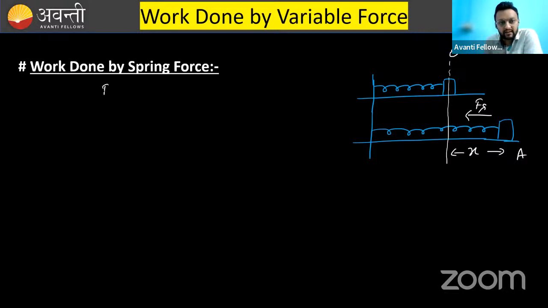Fs equals Kx now. Kx means it depends on x. As long as you are stretching it, the force is increasing because x is increasing. I think you got that point. So if I say that this is variable force, then work done will be what?